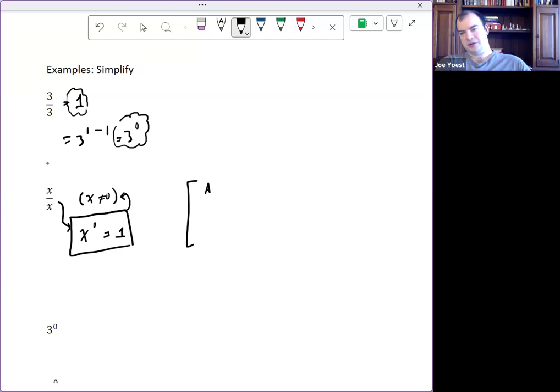As a little aside, 0 to the 0 power is what we call indeterminate. It kind of means that it could be anything. It's not clear from just writing the notation 0 to the 0 power what that means.